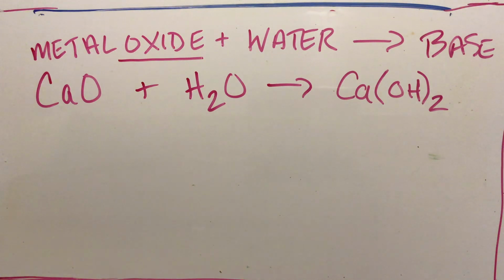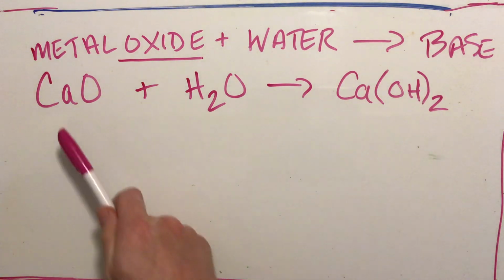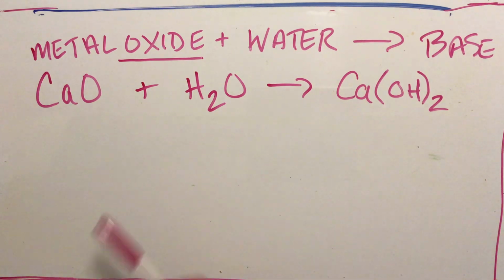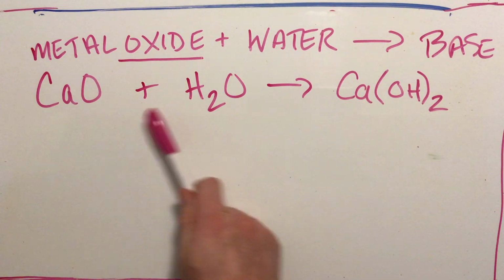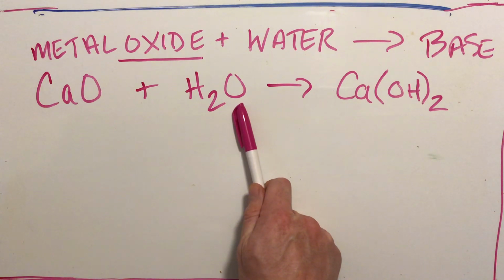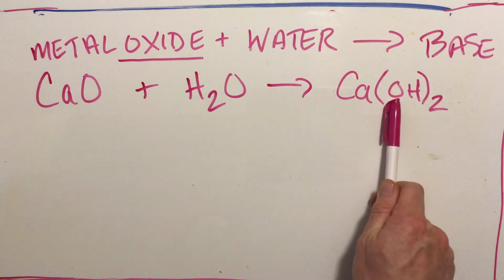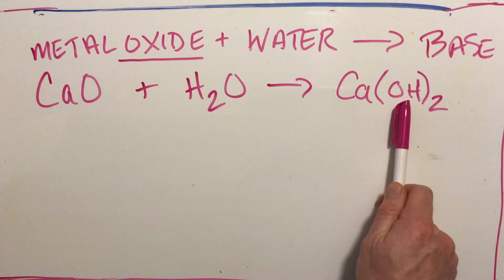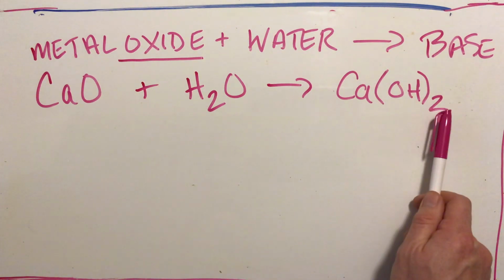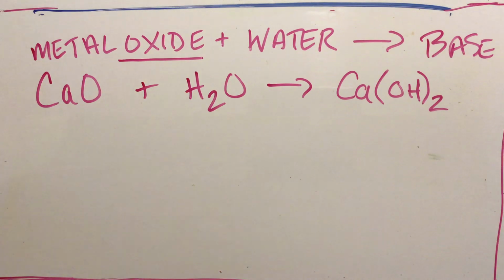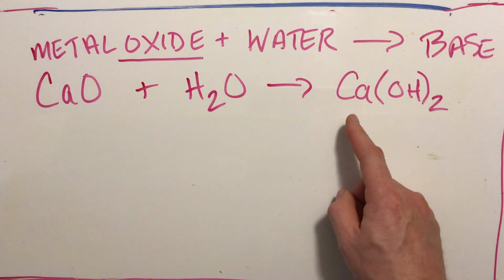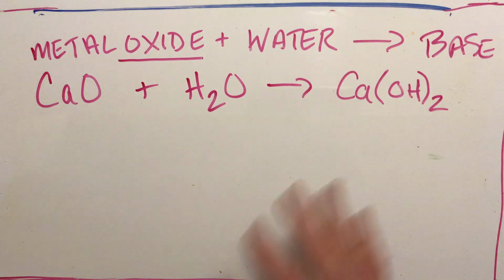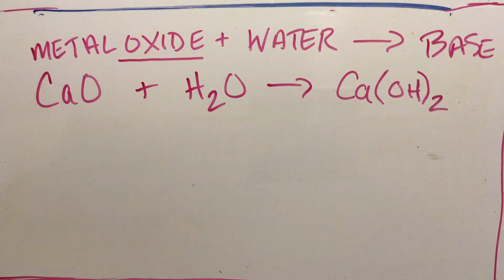I go through, let's balance this thing, make sure it's okay. 1 Ca, 1 Ca, 1 O, 2 O's going in, 2 O's going in, whatever is in the brackets is doubled, so 2 O's going in, 2 H's and 2 H's going in. So this is one of those ones we talked about. We did the formulas properly and it's already balanced, so I don't have to touch anything there.